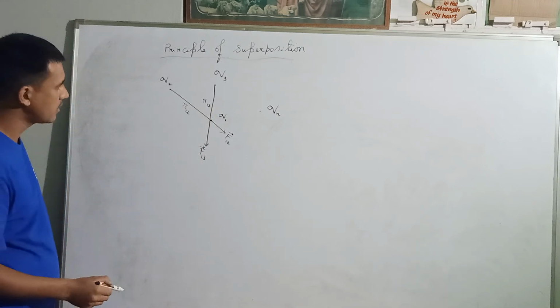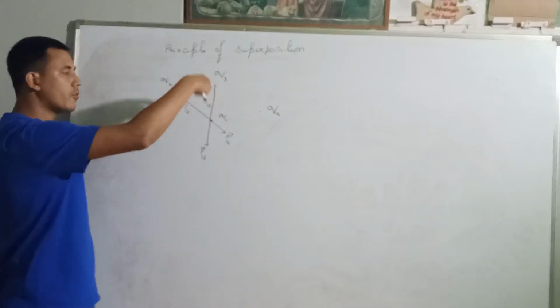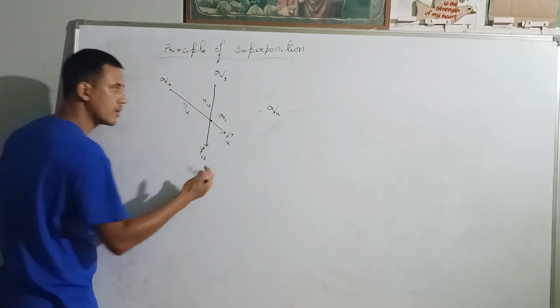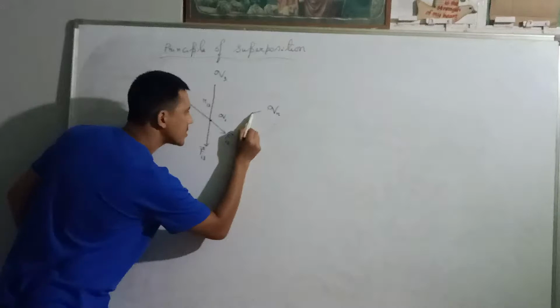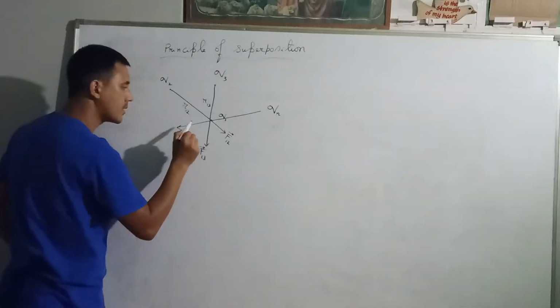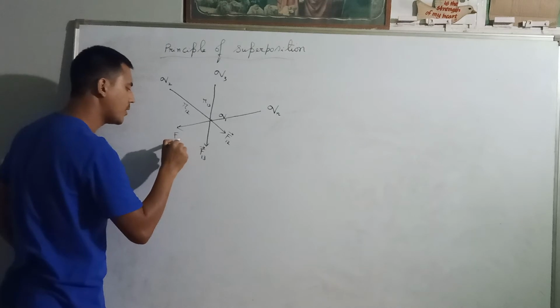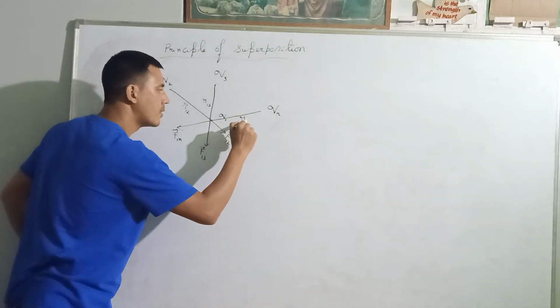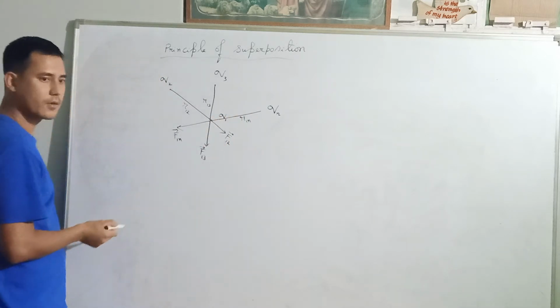Similarly Q4, Q5 and so on up to Qn. Qn will also exert a force on Q1, and that force will act in this direction, a repulsive force. Let me denote this force by F1n, and the distance between the two charges is r1n.